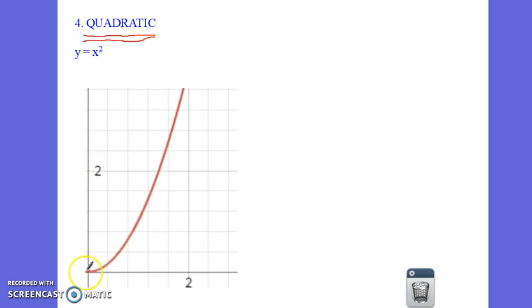Of course, it curves up, and in algebra you learn that if you put a number here, it's going to change the shape of the U, and if you put a number outside here, plus or minus some value, then it's going to shift it up or down, and you guys will be doing that in your worksheet in just a second. However, let's come up with an example. Well, basically, as any one variable increases, the other one increases exponentially.